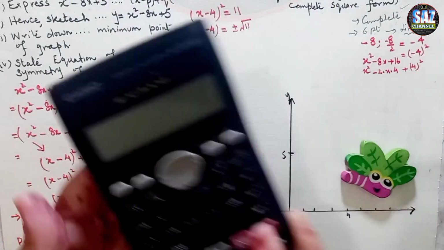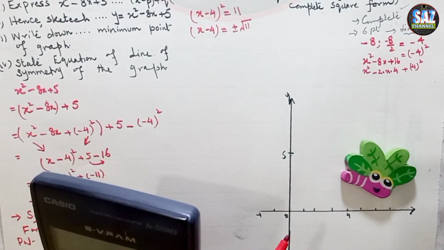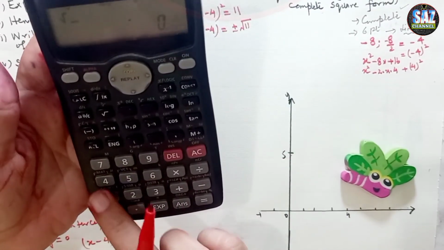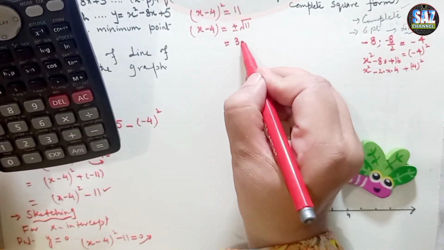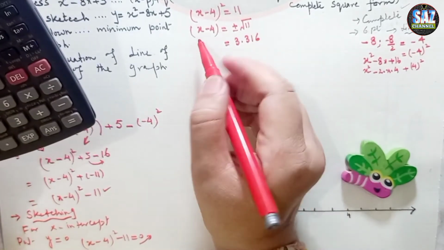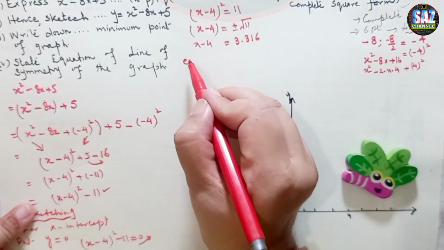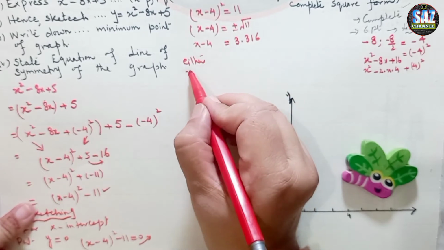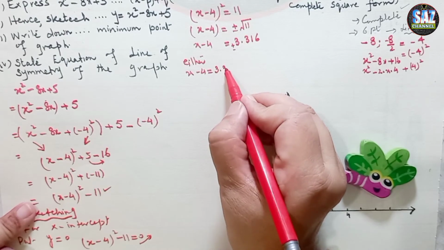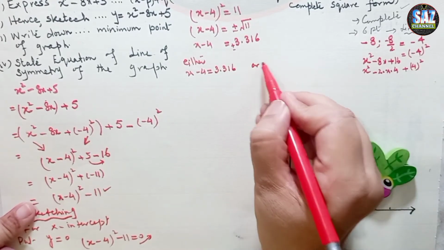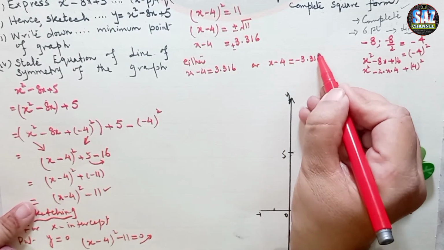Hold the calculator and check what is the value of square root 11. Square root 11, this is a prime number, will give me 3.316. Now I have to apply either condition: either x minus 4 equals to 3.316 or x minus 4 will be equal to minus 3.316.